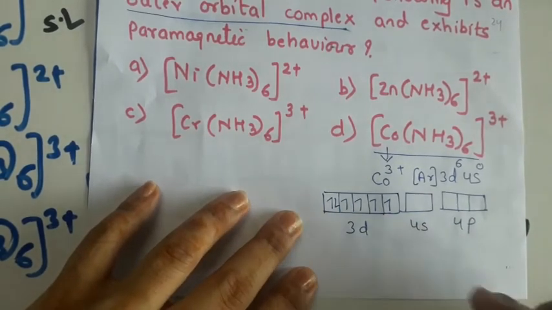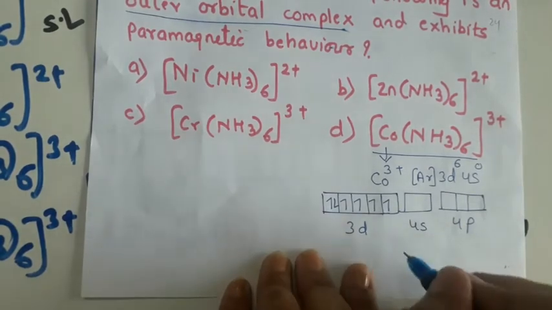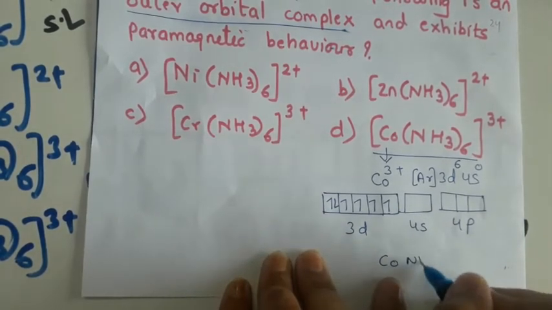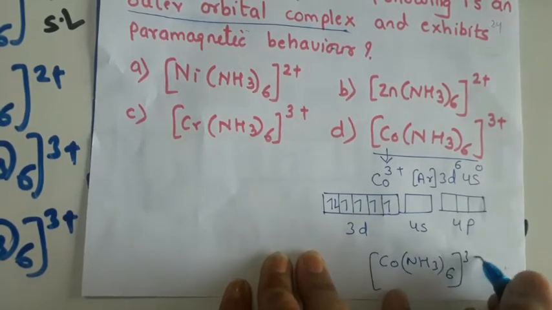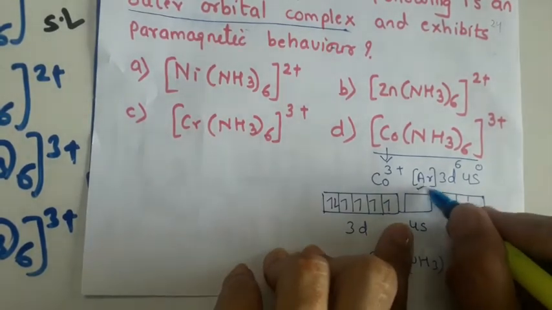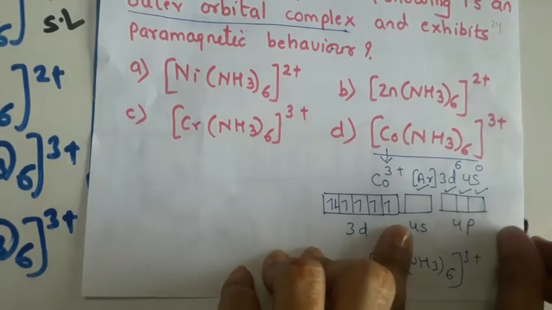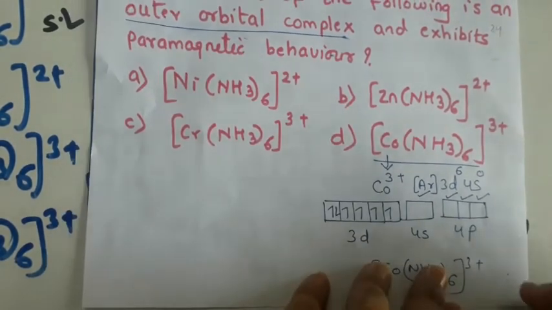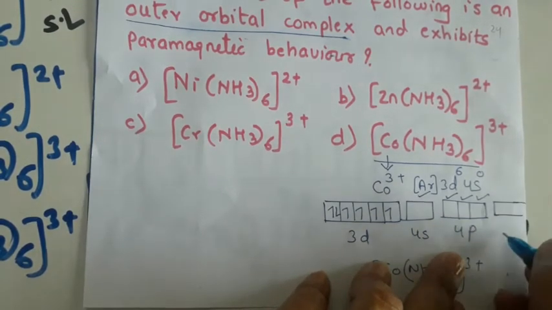Now in this case what is going to happen is we want Co(NH3)6, isn't it? We need 6 boxes, so 4s will be used, all the 3 orbitals of 4p will be used, and after 4p we are having d orbital, that is 4d.